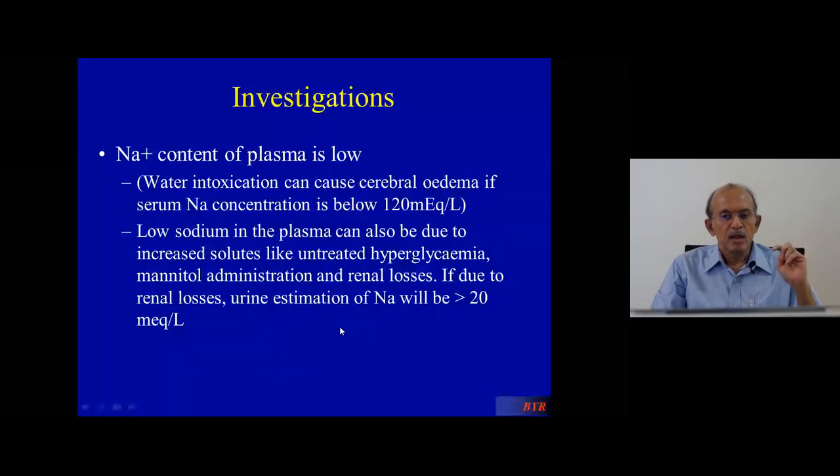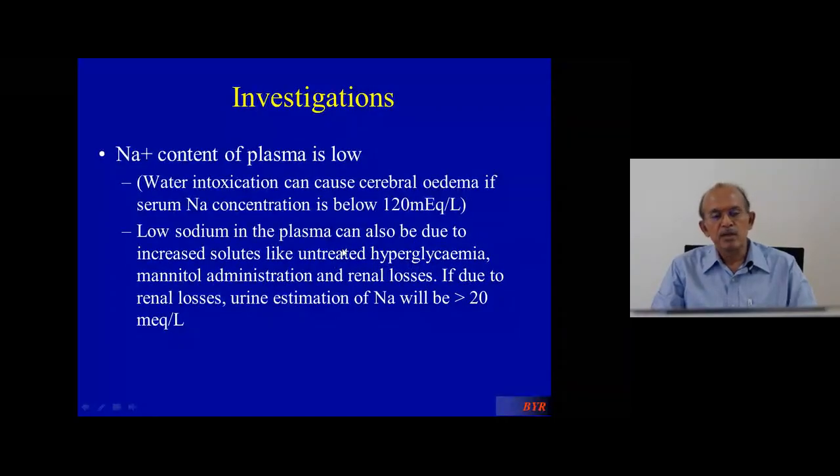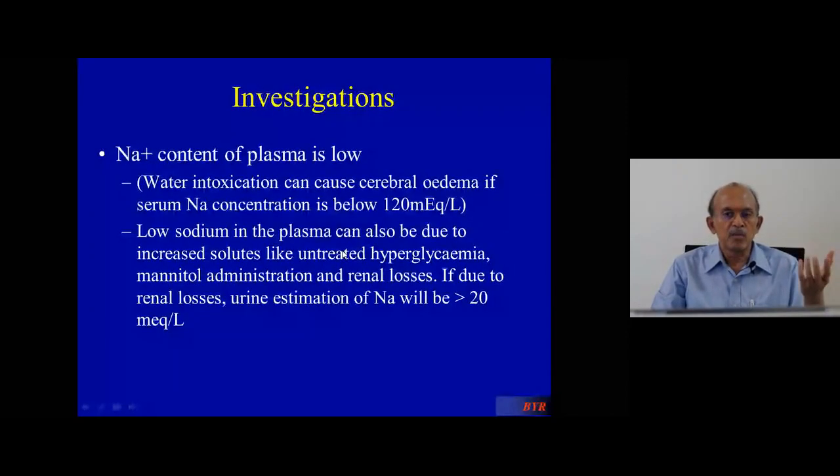It also can be diluted because there are increased solutes like hyperglycemia, untreated hyperglycemia. Blood sugar is more than 500 milligrams percent. So there is high sugar level in the serum. So whenever there is high sugar in the serum and extracellular fluid, what do they do?